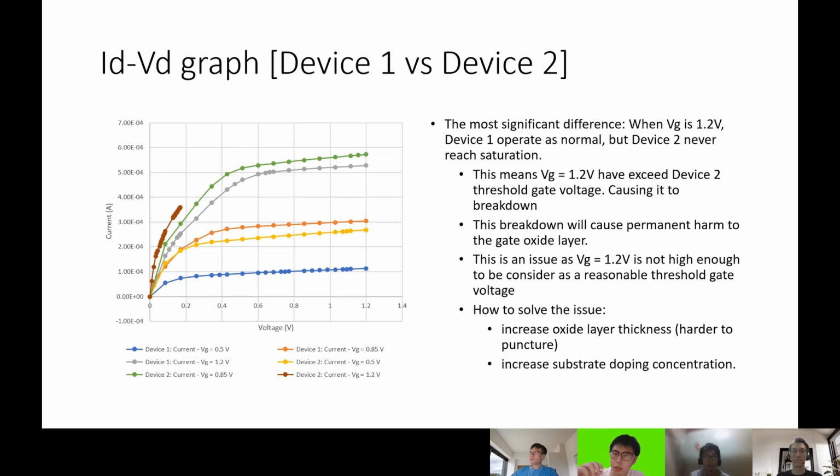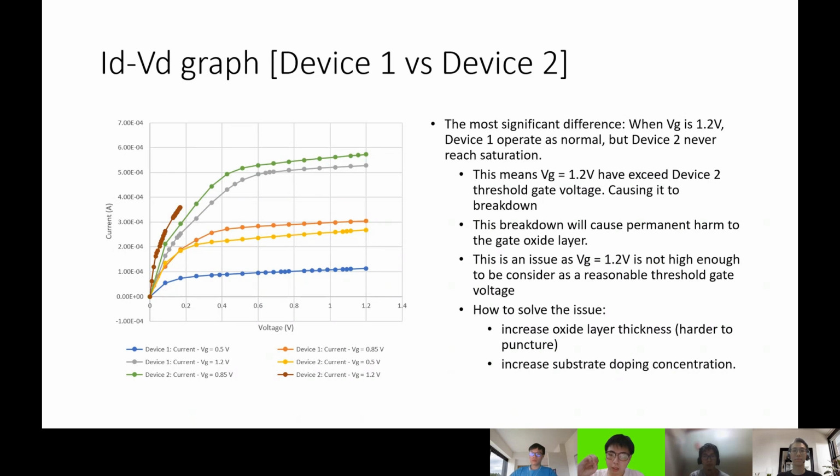When we compare the ID-VD graph between device 1 and device 2, you can see that the most significant difference is that for device 2, when the gate voltage is 1.2 volt, it breaks off at a very early voltage.